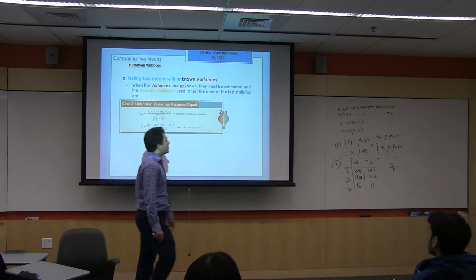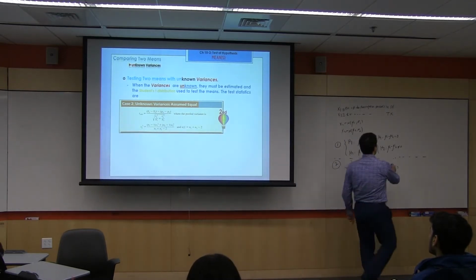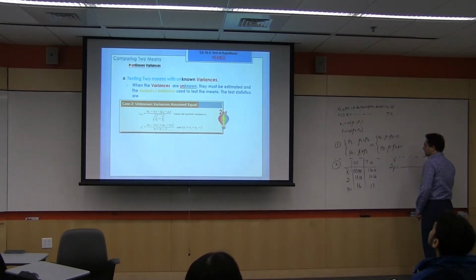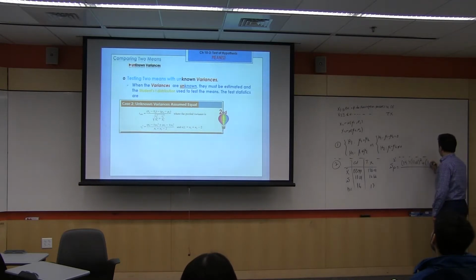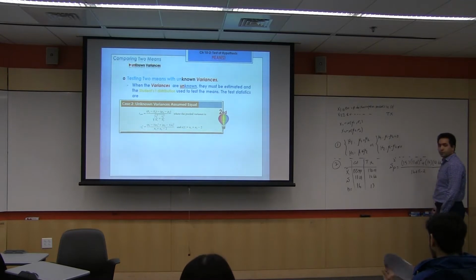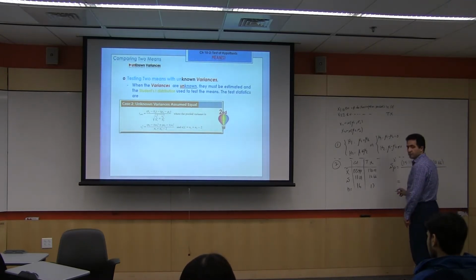So I'm going to find S_p squared. n1 minus 1, 15, times S squared, 11.01 squared, plus 13 minus 1, 12, times its variance, 12.66 squared, divided by 16 plus 13 minus 2. So what's the S_p squared?